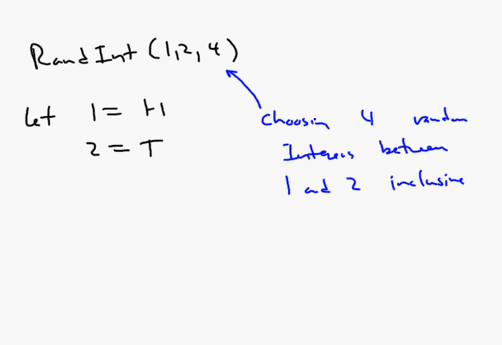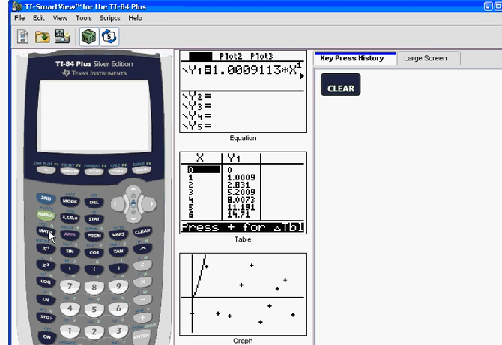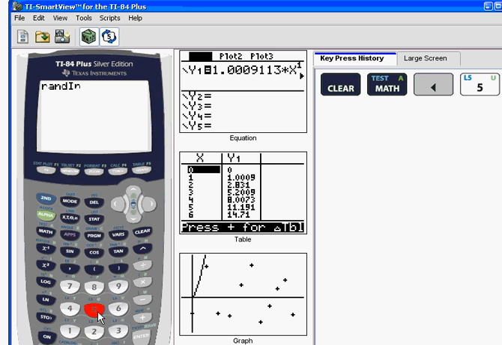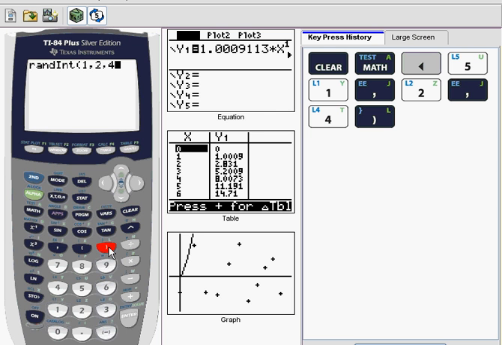Let's actually go to the calculator and see what happens. We'll start our trials below. Here we go. We clear here. We press math, go to the left, Probability, number 5. That's randint(1, 2, 4). Close parenthesis. Enter. Here's our first simulation of throwing 4 coins at one time.